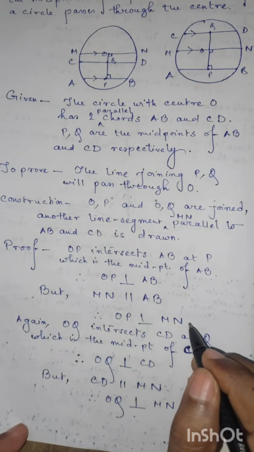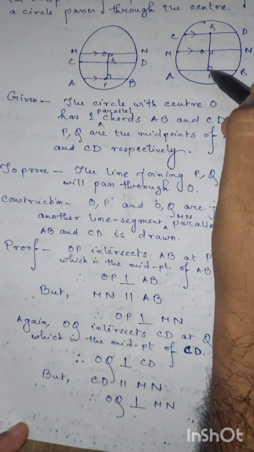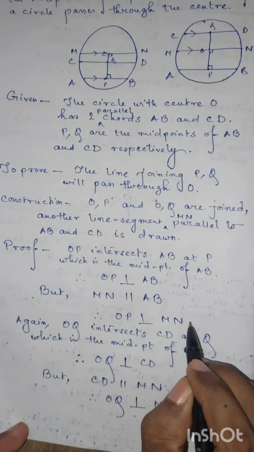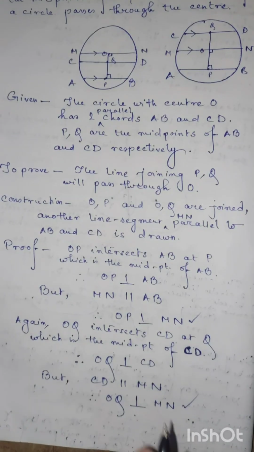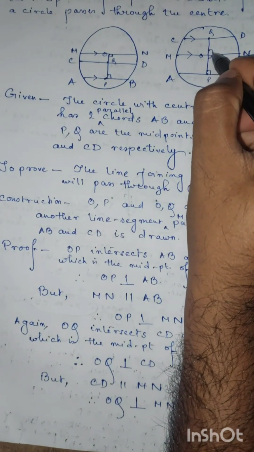Okay, so we have OP perpendicular to MN and OQ perpendicular to MN.